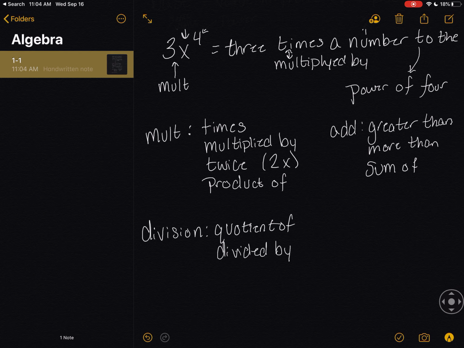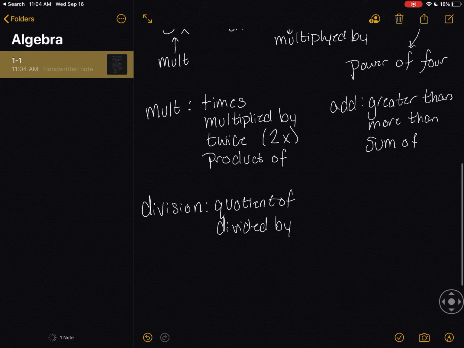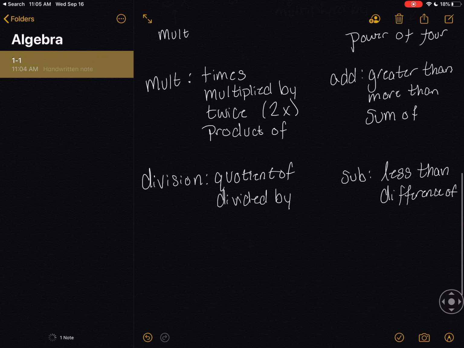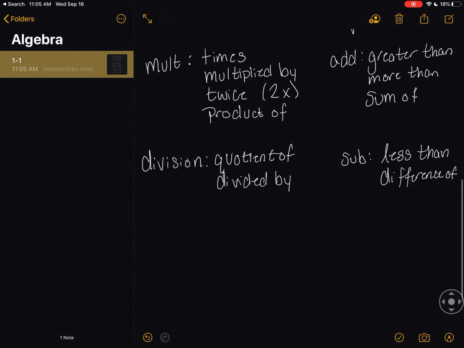Those are the 2 most common you'll see. Or if I am subtracting, I could say less than. I could say the difference of. Or I could say decreased by. There are some other things, but these are typically the ones that you will see the most.